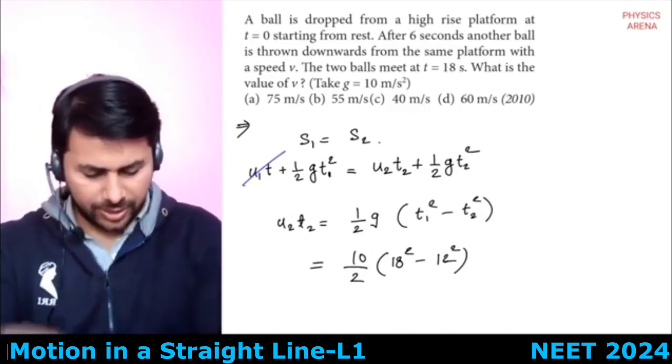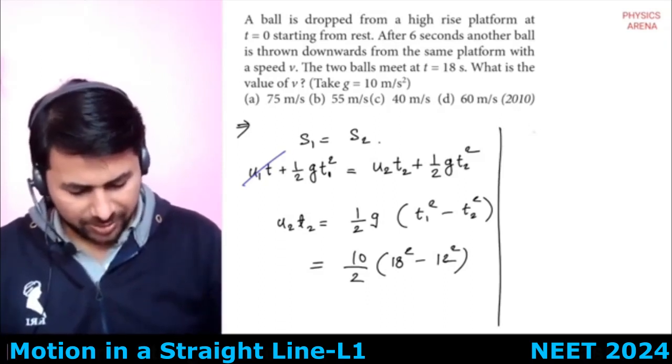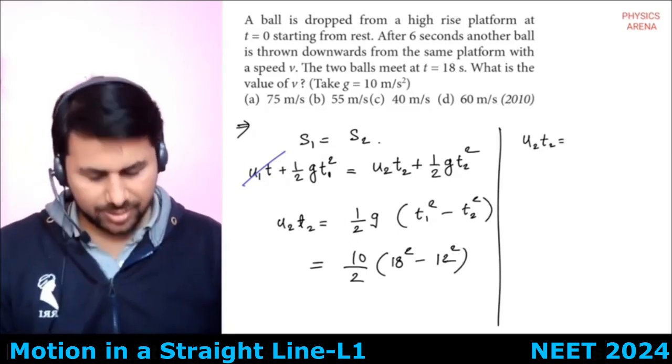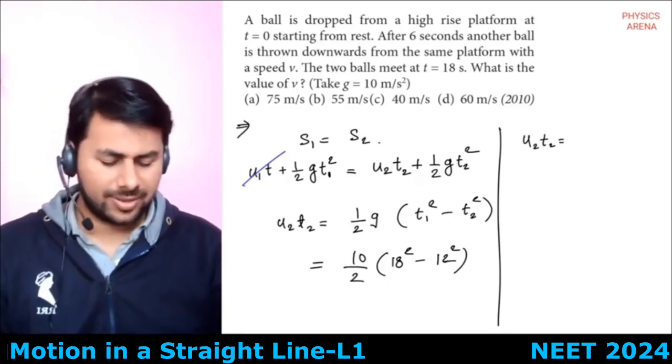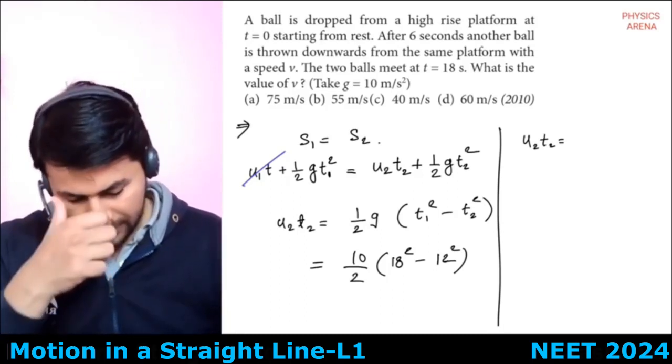Okay, this is a square minus b square. 18 square is 324.